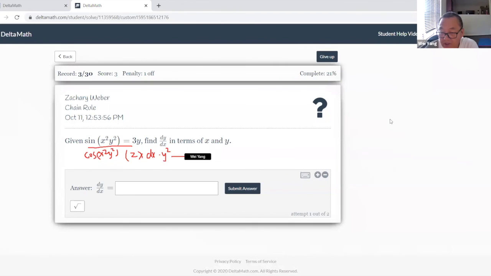Then plus this will be x squared times 2y, then dy, right? This one will equal 3 times dy. Okay, so we got this.